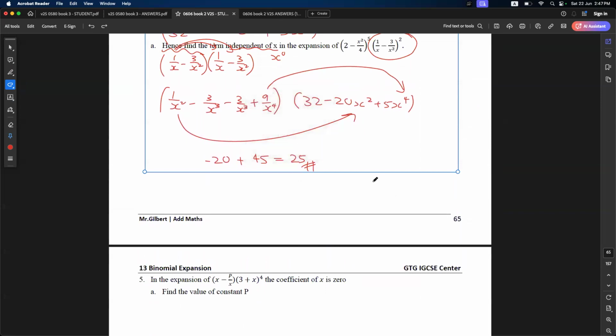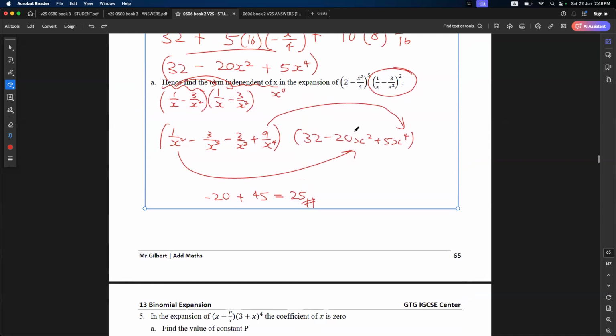So is the answer negative? This times this and this times this. So it's literally this one minus this times this, 8.5, 4p, so that's 25. Why is the coefficient of x 0?